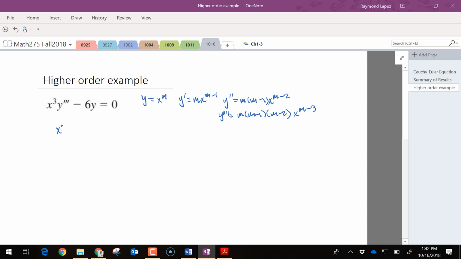We got x cubed, and then we have this big derivative that we just found. Minus 6. There's no more other derivatives, so we just go straight to this 6 x to the m business. And then if we multiply the x's, there'll always be factors of x to the m here, so we can factor that out. X to the m, and then what we have left is just things with an m in it.